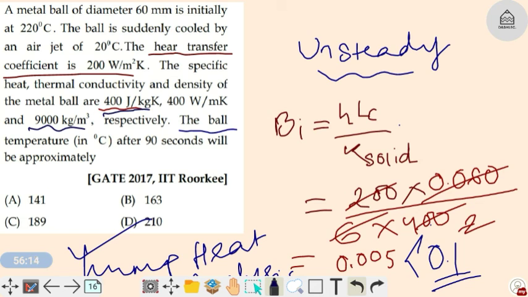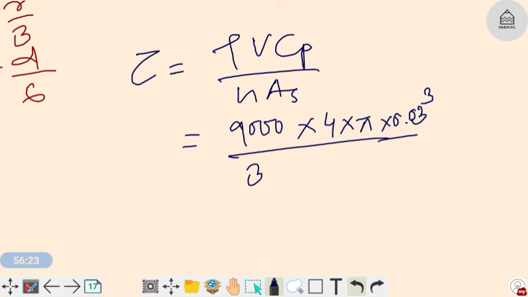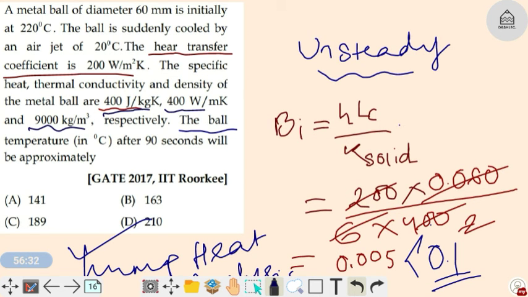Thermal conductivity is also 400. I have taken the thermal conductivity as 400, the same thing. Divided by h, h is 200.